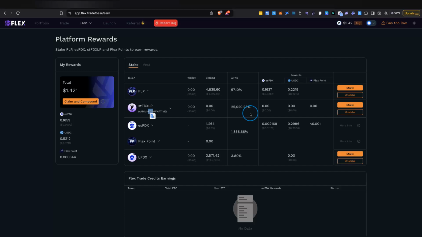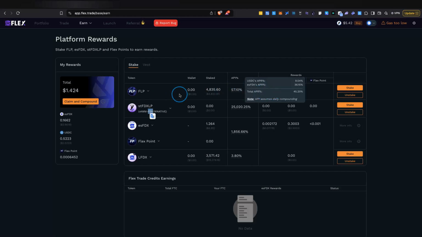Let's move down. We now have the ability to stake the rewards that we have earned. We have this $4,800 position in FLP, providing the ability for those traders to have the extra liquidity, yeah?